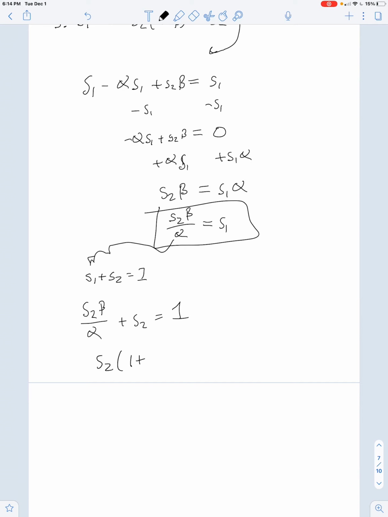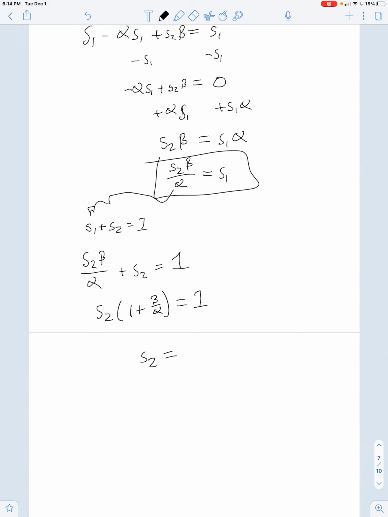So this is S2 times (1 plus beta over alpha) equals 1. So S2 equals 1 over, I'm going to write this 1 as alpha over alpha, which means that this is alpha plus beta over alpha, which is equal to alpha over alpha plus beta.